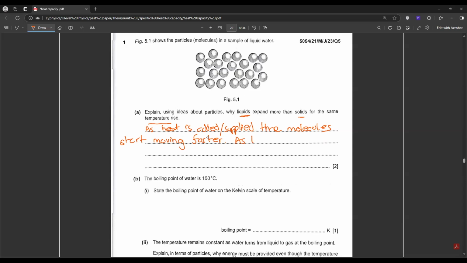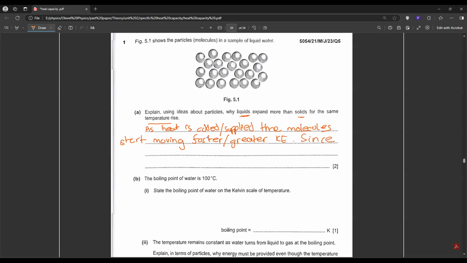As the molecules move faster, or with greater kinetic energy. Basically, you have to compare a solid and a liquid, right? So, as heat is supplied, the molecules start moving faster or with a greater kinetic energy. Okay.